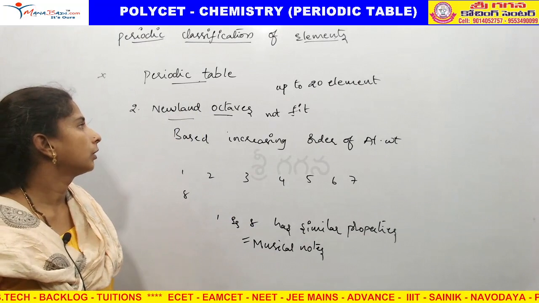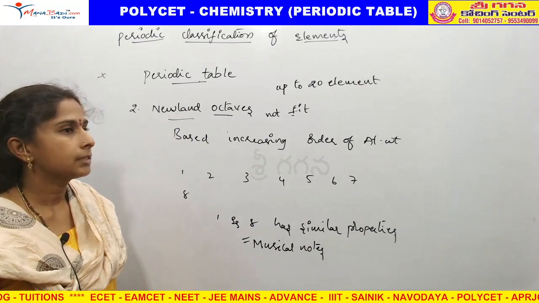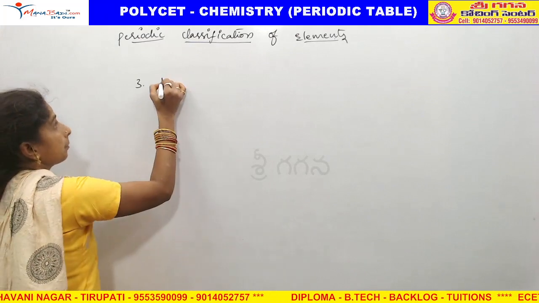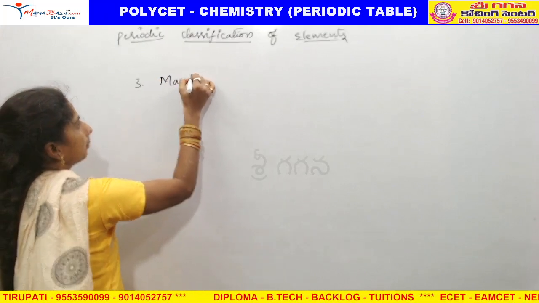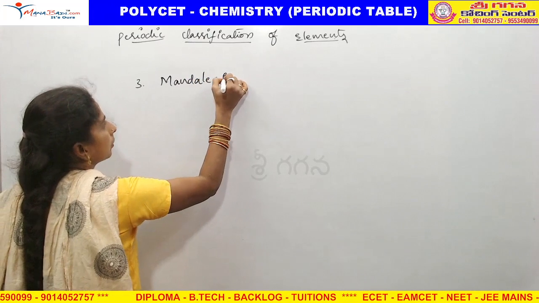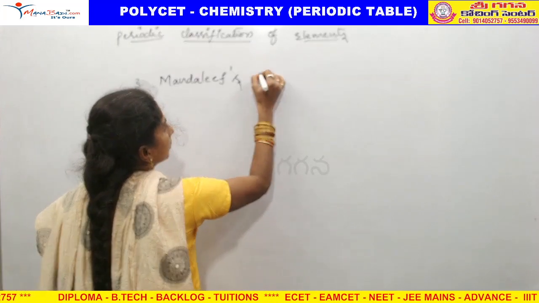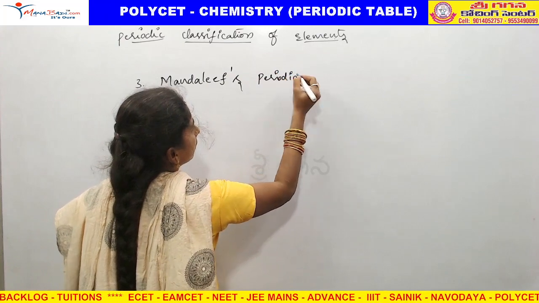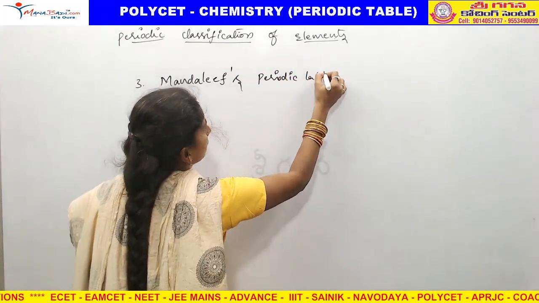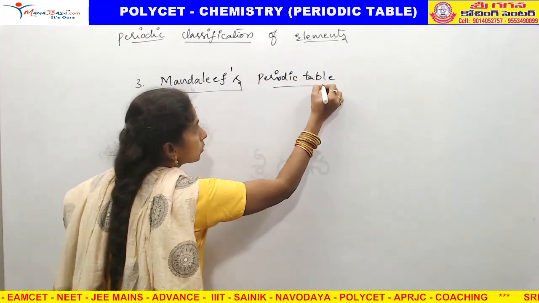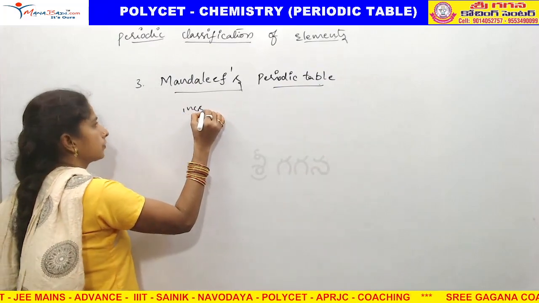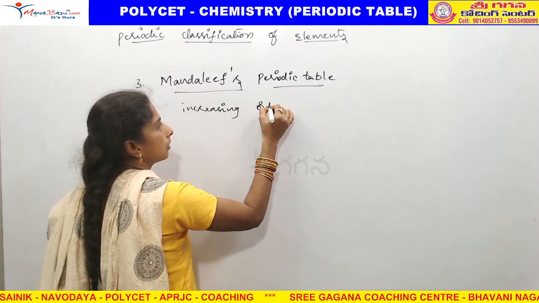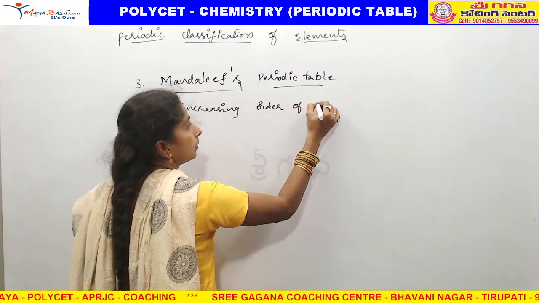After that, we go to Mendeleev's periodic table. The third periodic table is Mendeleev's periodic table. This table is also based on increasing order of atomic weight.